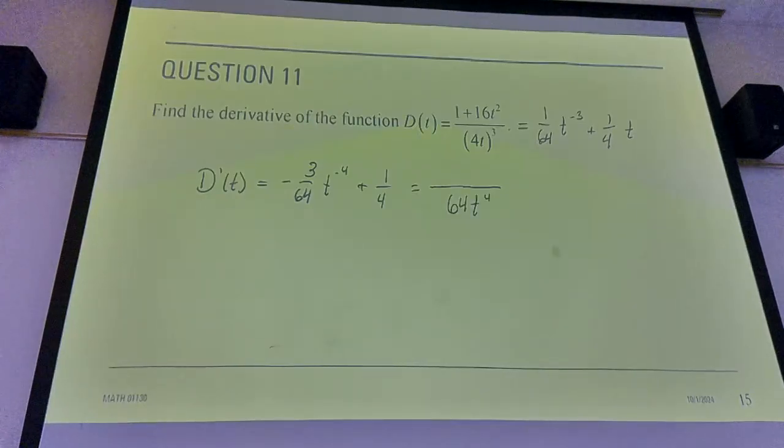64 t to the fourth is common. Oh, wait a minute. That's supposed to be -1, not the first power. No one caught me on that.